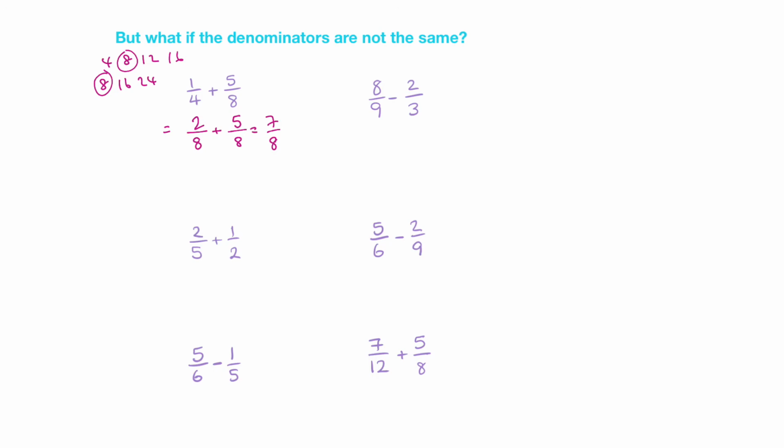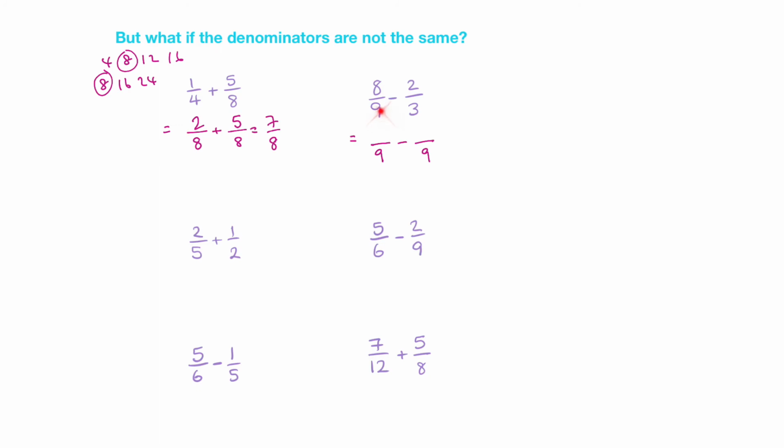So the next step. This time, we need to think about making the denominators the same again in this question. So we need to think, what's the smallest number that you'll find in the 9 times table and in the 3 times table as well? Well, if you look at your 3 times table and your 9 times table, you'll find that the smallest number that's in both is 9. So we're going to make both of these fractions over 9.